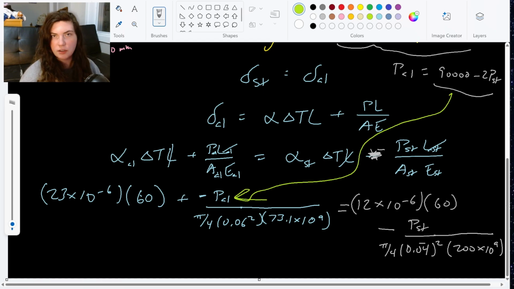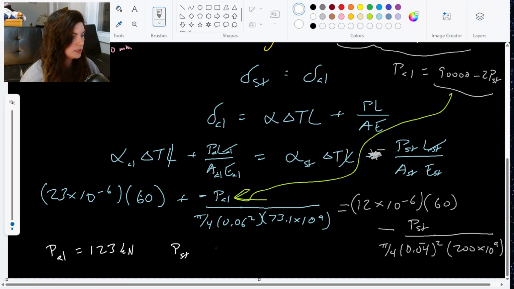I'm not going to go through all the algebra of this. You can put this into an equation solver. You can do the algebra. I believe in you. And we're going to get a value for P aluminum of 123 kilonewtons, and for the load steel of negative 16.4 kilonewtons.